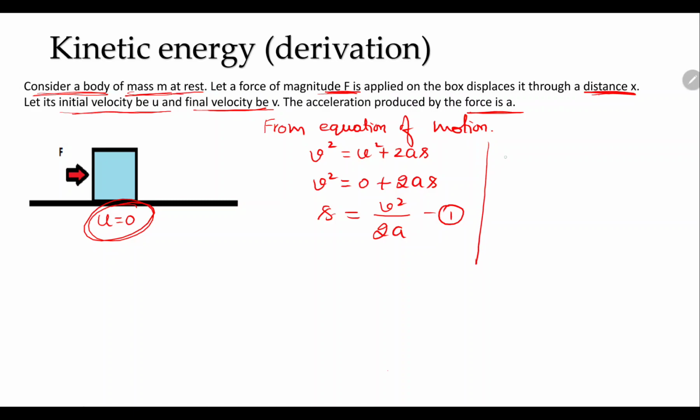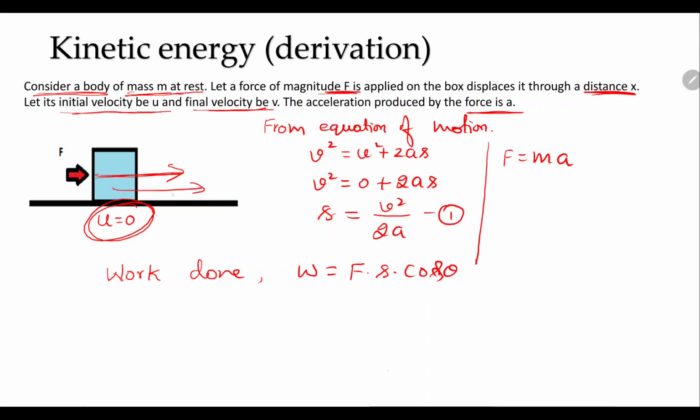Also I know that f is equal to m into a. You know that work done is given by force into displacement into cos theta. Here force is applied in this direction and displacement is also in the same direction, so theta is 0.